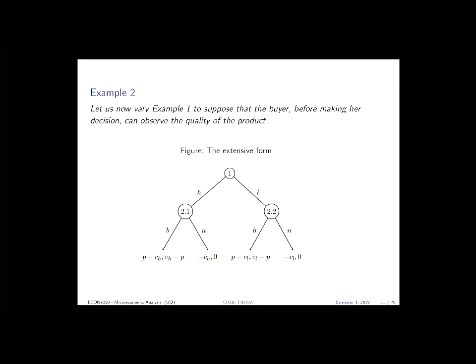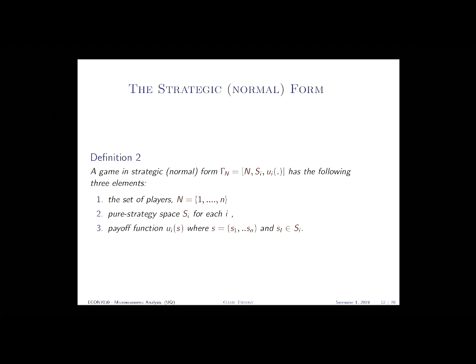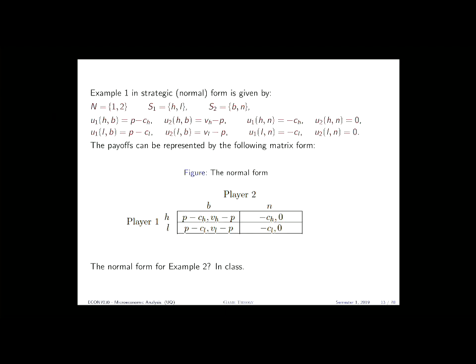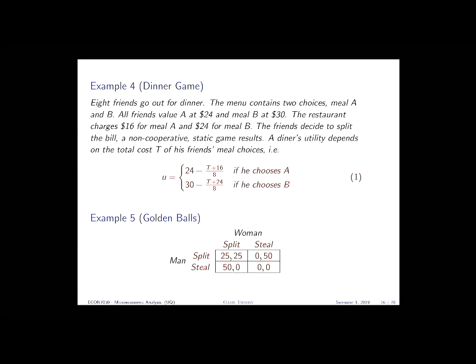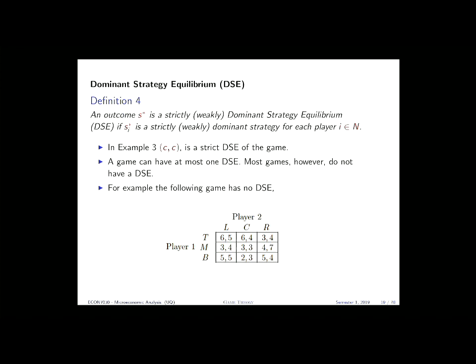So later on, we started describing the first equilibrium concept, that is dominant strategy equilibrium. The dominant strategy equilibrium was basically where each player had a dominant strategy.